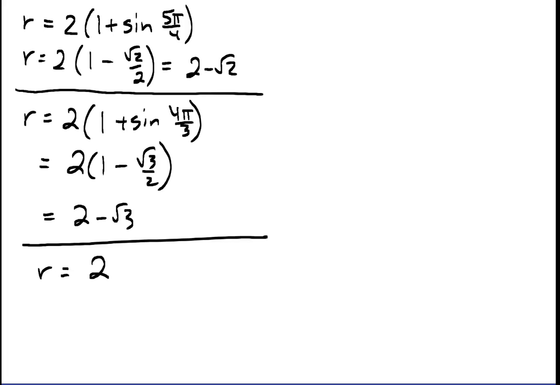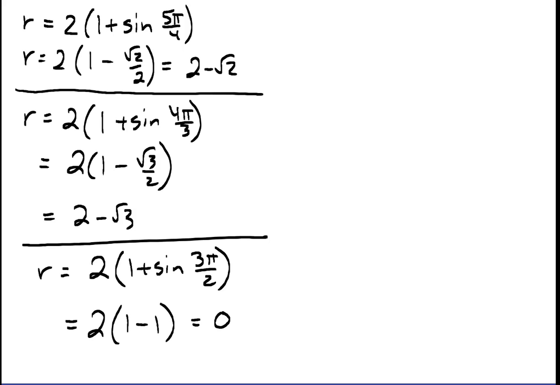All right, next one on the list. How about a 3 pi over 2? That's going to be sort of going down, and that's going to be a negative 1 for sure. So it's going to be 1 minus 1. Ooh, this one gives me a 0. I'm not going anywhere away from the origin.